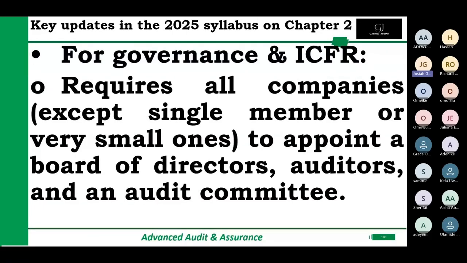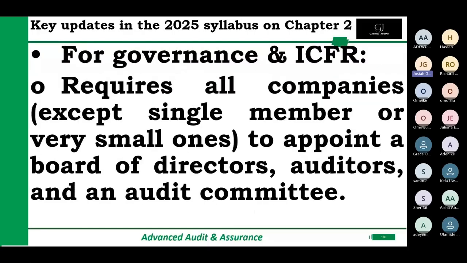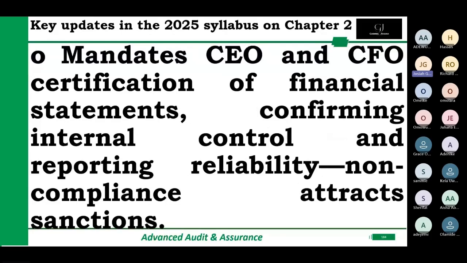So, of course, this appointment has been in the update of the 2020 CAMA, but then this ICFR came up in 2024, requiring all CEOs and CFOs, that's the Chief Executive Officer and the Chief Financial Officer, to certify financial statements, confirming internal control, ICFR, and reporting reliability, and that there is no non-compliance that attracts sanctions.